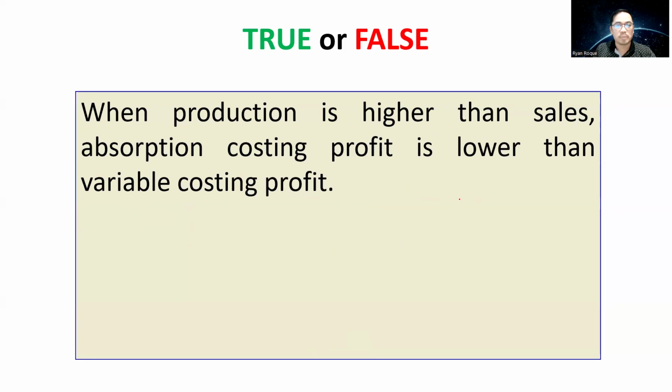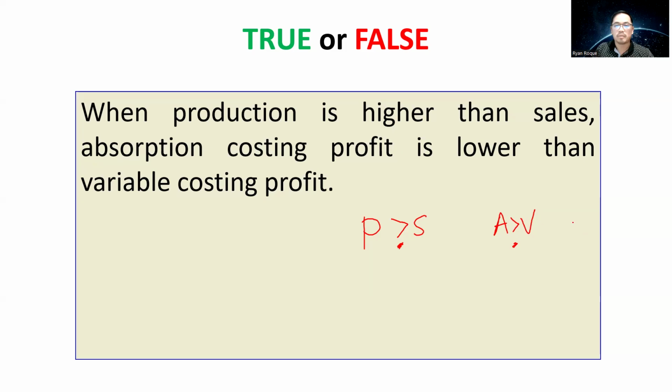Another item: when production is higher than sales, absorption costing profit is lower than variable costing profit. Again, if P is greater than S, then A should be greater than your variable costing method. Whenever we are given a situation comparing the production and sales, we always have to follow the sign when comparing the profit under absorption and variable.